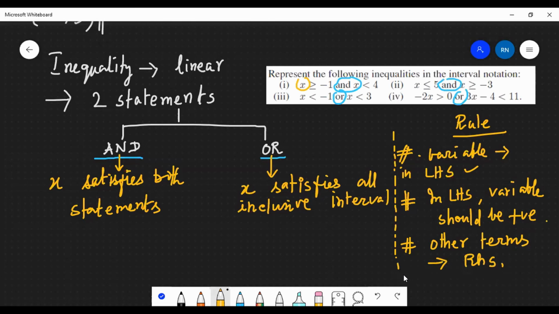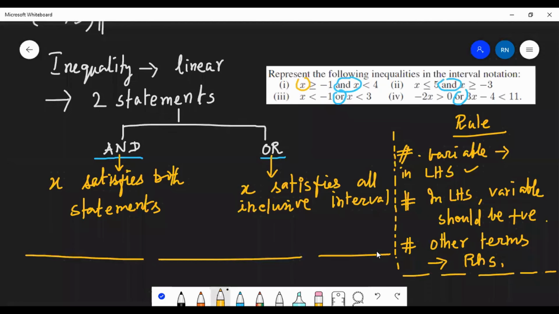Then it becomes easy to write the answer. Slowly, with the progress of understanding better and better, you may not even require a number line. With practice, the number line will be in your head.